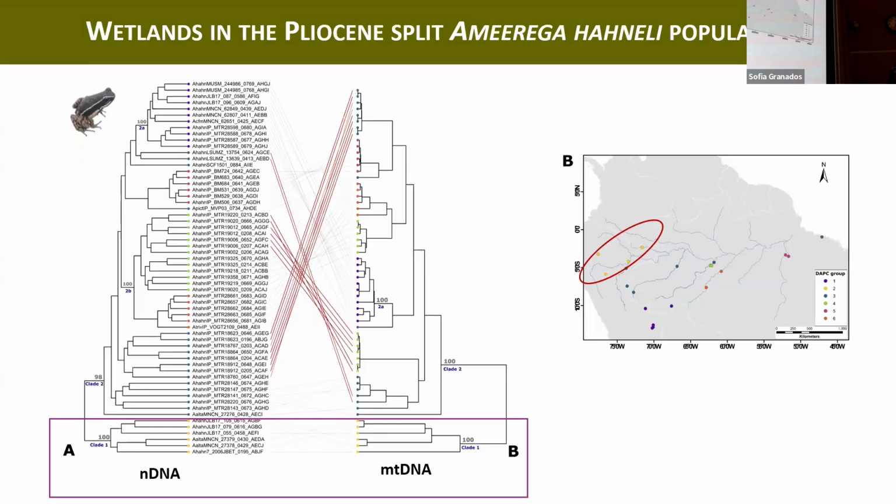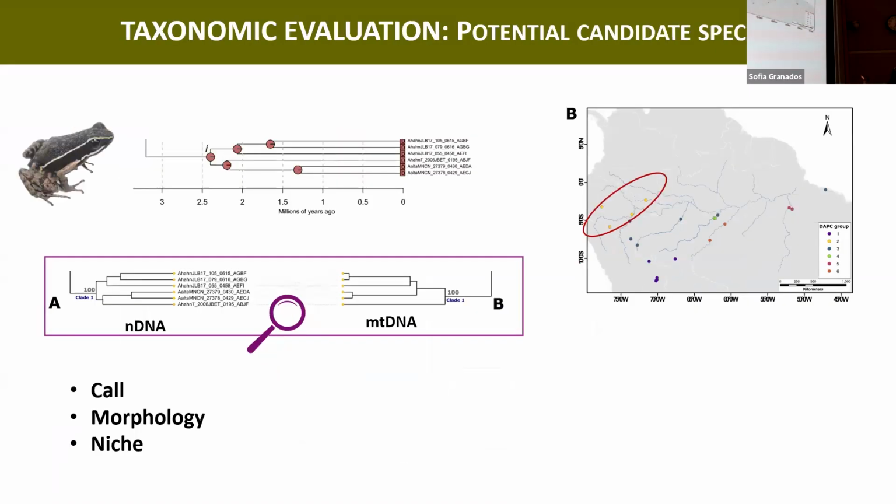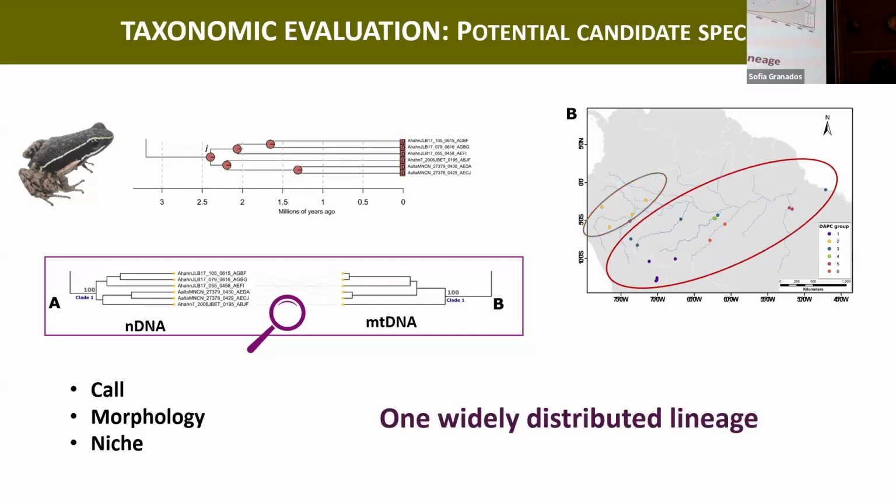So what this might tell us is that this clade, or this species in general, needs some taxonomic evaluation, because this could be a potential candidate species. Of course, in order to confirm that, we need to do some analysis like calls, morphology and niche divergence. However, what is important, at least for me, is that even if we find out that these are two different species, we will still recover one widely distributed lineage, which is also interesting in terms of this dynamism.